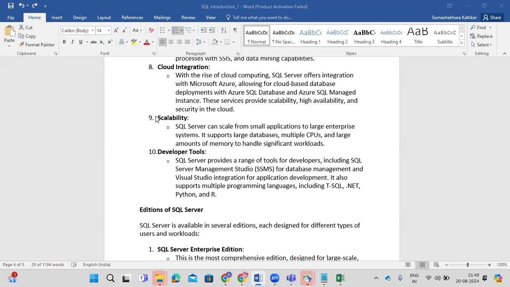and SQL Server is very compatible with .NET applications, because the front end is the .NET application and the back end is the SQL Server database. Both are Microsoft products. Suppose you are working with a Java application, then you need to work with the Oracle database. Oracle is different, Java is different.